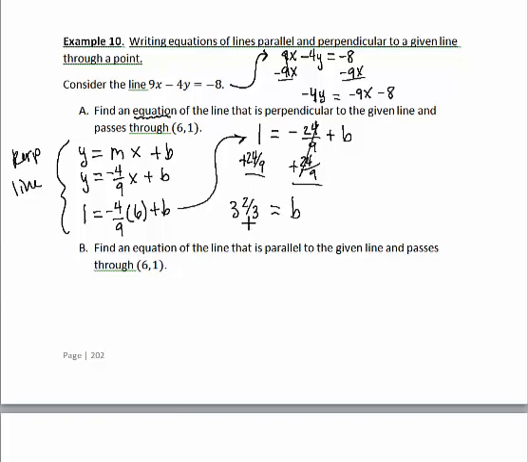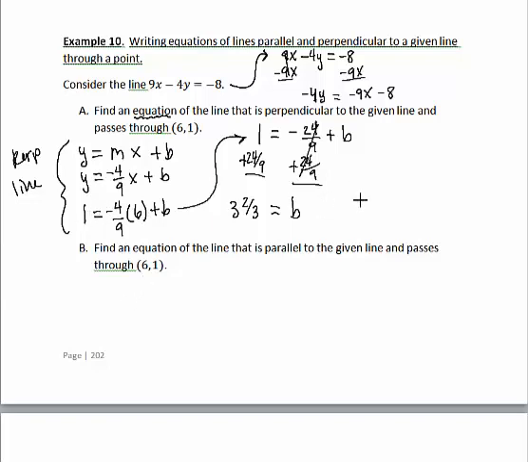And this was the last piece of the puzzle that we needed. We know our perpendicular slope. We know that it passes through this point (6, 1) because we used those coordinates for x and y. And we now have the y-intercept that's associated with this slope and these coordinates.